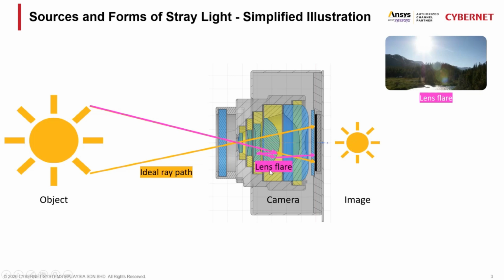This light ray sometimes creates lens flare, as you can see in the image here, or the light ray strikes a mechanical part.